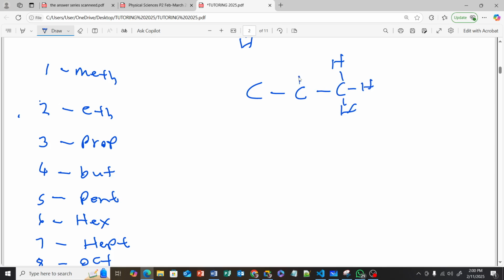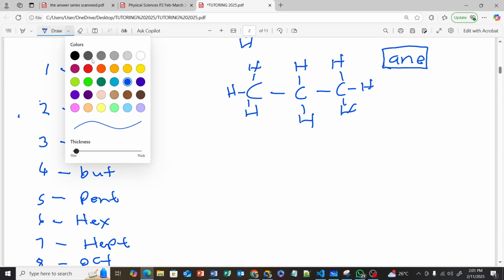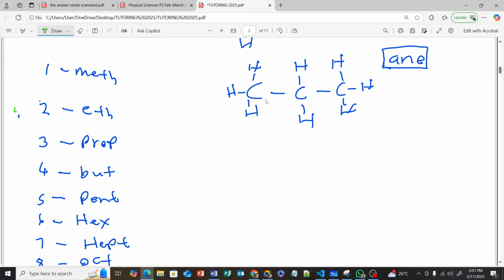Okay, now let us visit a homologous series of alkanes and then learn about the naming. So using alkanes, an alkane has a suffix of A and E. So when you are dealing with an alkane, you are going to have a suffix of A and E. Okay, then now let us try to figure out how many carbons we have here. Now let us count 1, 2, and 3.